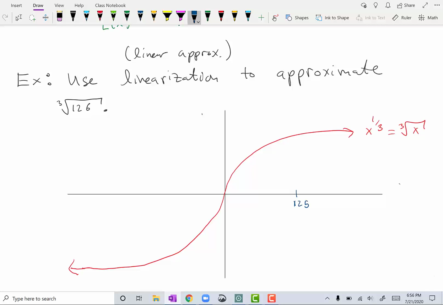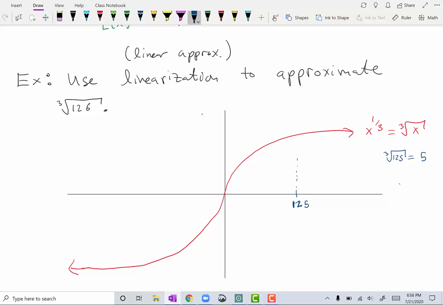Now why did I choose 125? Well, I know that the cube root of 125 is 5, right? 5 times 5 times 5 is 125. And 125 is also close to 126. So those were the two reasons I chose it. One, because it was close to the value we're interested in, and two, because I know how to compute it.